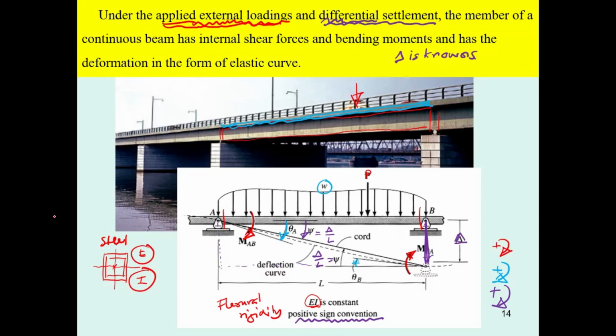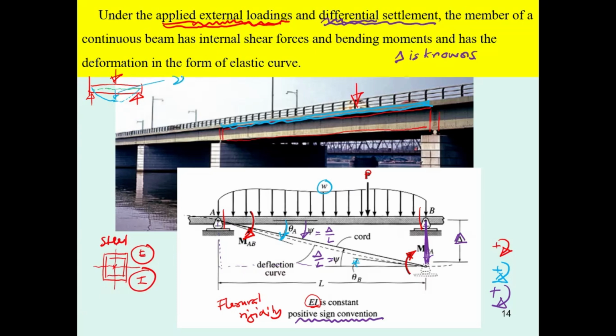Let me take you back to a very simple beam subjected to a point load. From material testing, we measure the deformation of this one, and we will have the elastic curve of this beam, something like this, light blue.